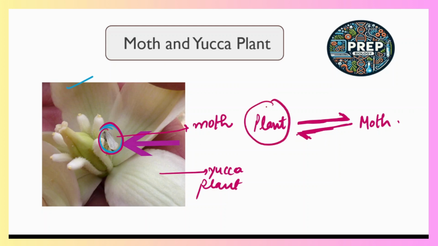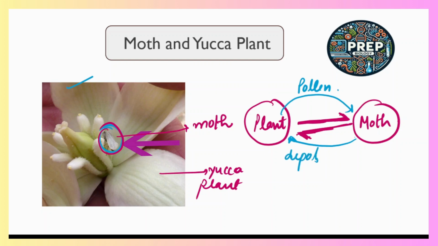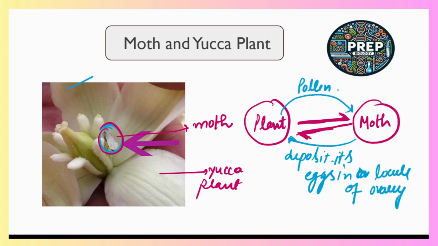Why? Because the plant will give the pollen to the moth, and what is the reward given by the plant? The moth deposits its eggs in the locule of the ovary of the yucca plant.